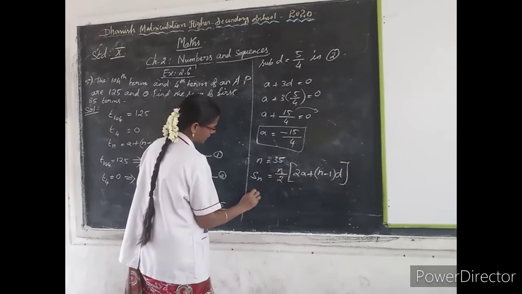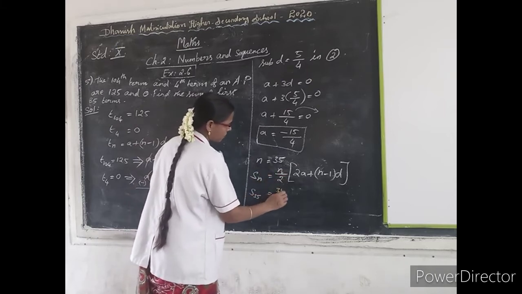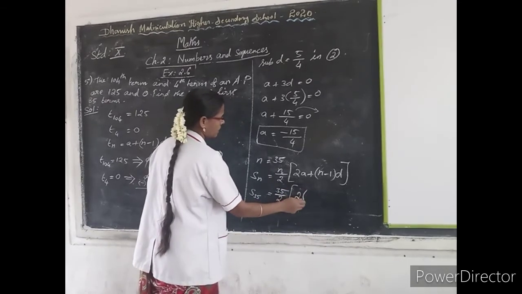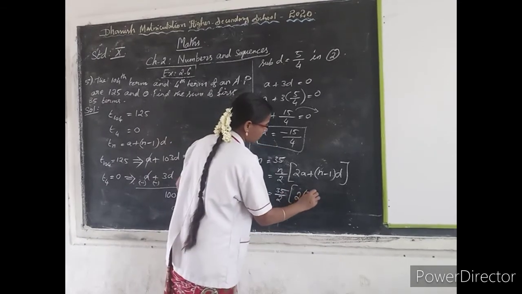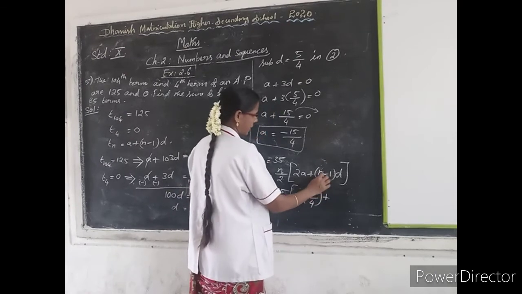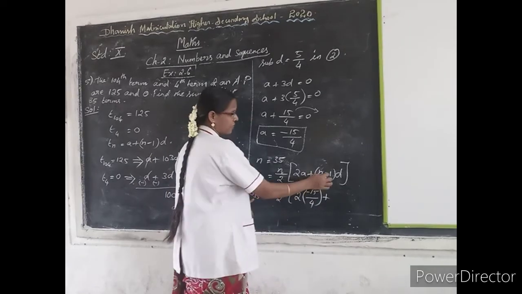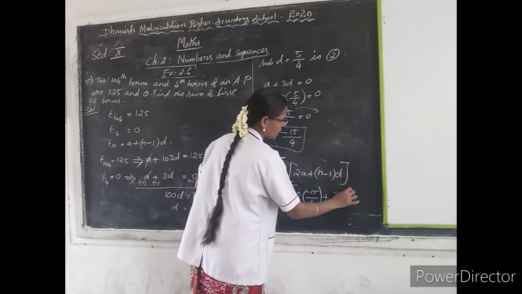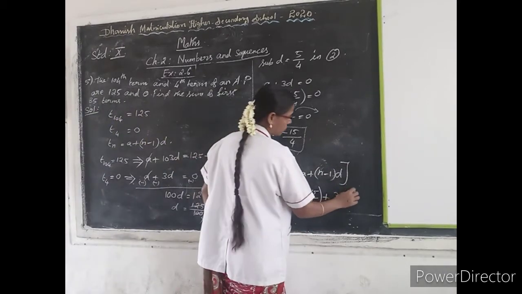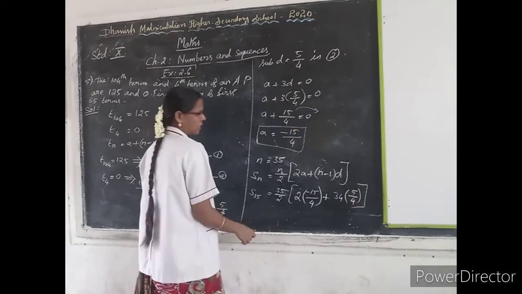So n is 35, is equal to 35 by 2 into 2 into what is a? A is minus 15 by 4 plus n minus 1, that is 35 minus 1 is 34, into d is 5 by 4. Close this bracket.